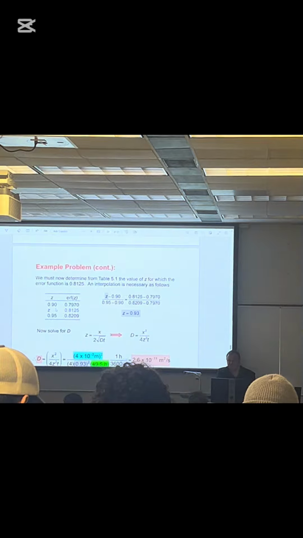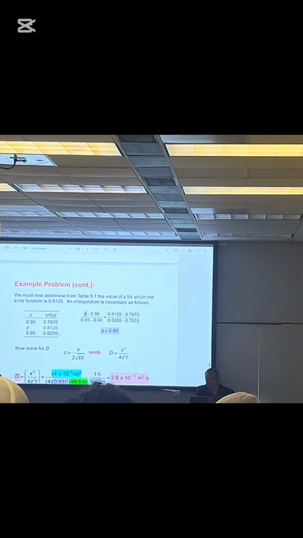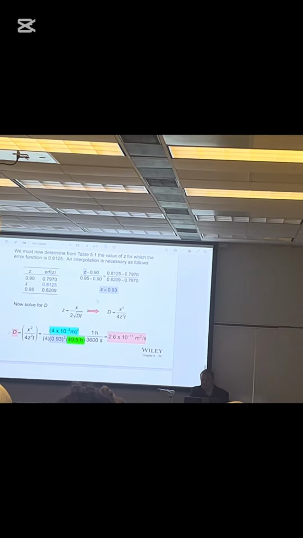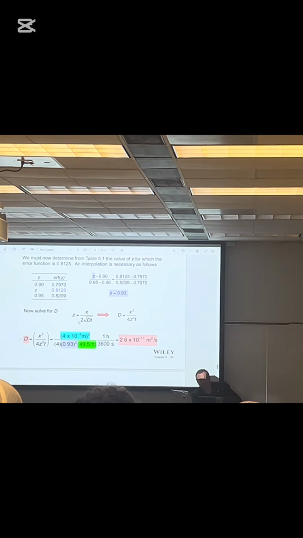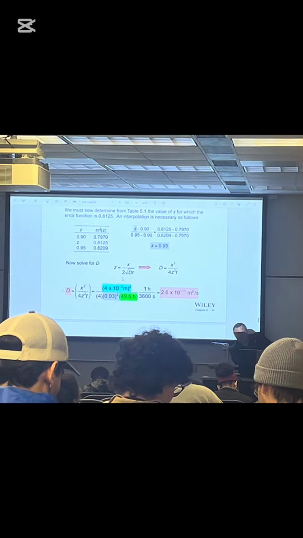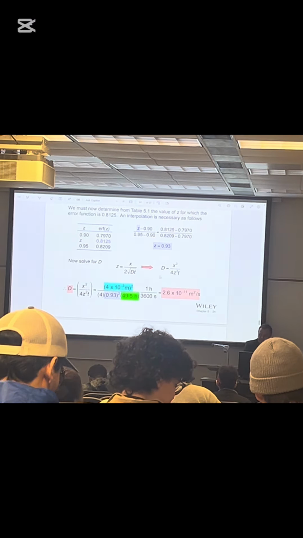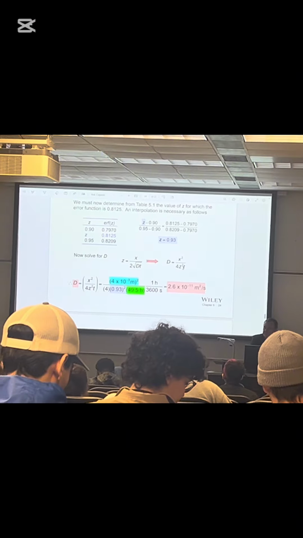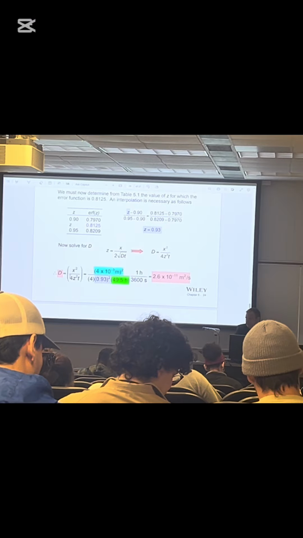That's the idea. So we assume that it's linear, and then we solve for D, where z is equal to x divided by 2 square root of Dt. So D is equal to x squared over 4 z squared t, and we calculate the diffusion coefficient.